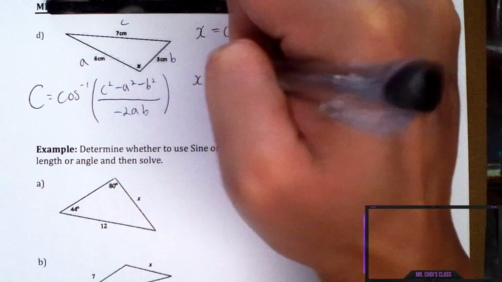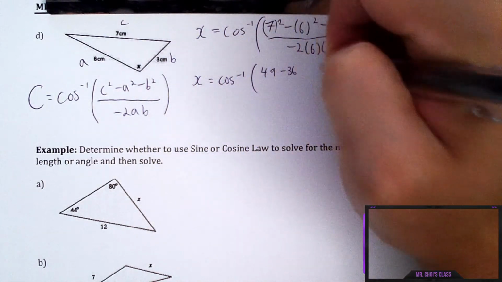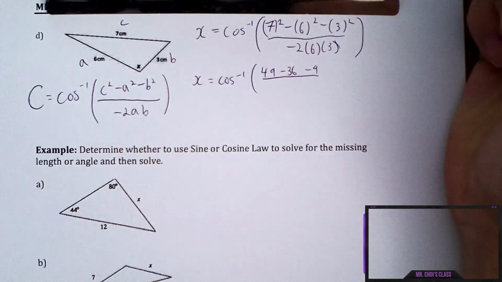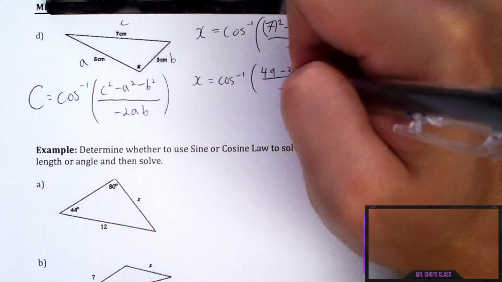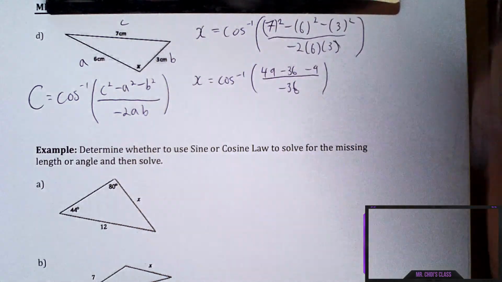So writing it out is 49 minus 36 minus 9 all over negative 36 down here, like that.